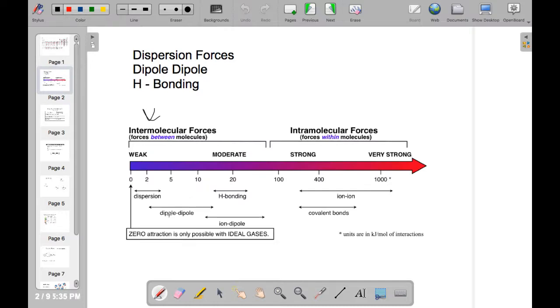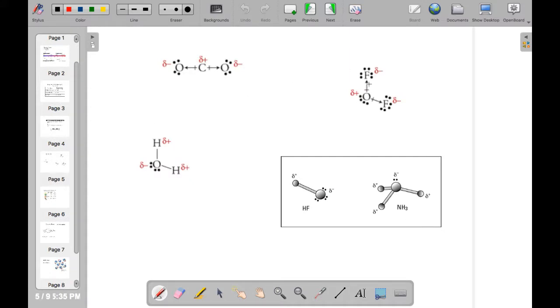The second type of force is dipole-dipole, which occurs in polar molecules. Polar molecules have a negative and a positive side. They are not evenly distributed, and you can normally tell this by the shape.